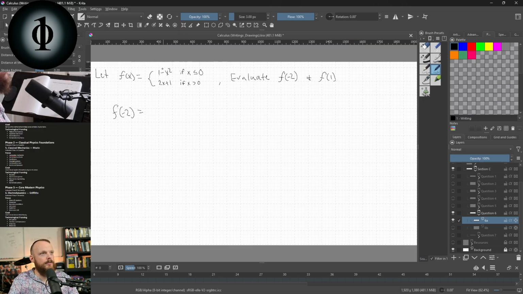So -2, this is our case here because we're less than or equal to 0. So 1 minus -2 squared, 1 minus 4, -3. And then f of 1, it's the other case, is equal to 2 times 1 plus 1, 2, 3.